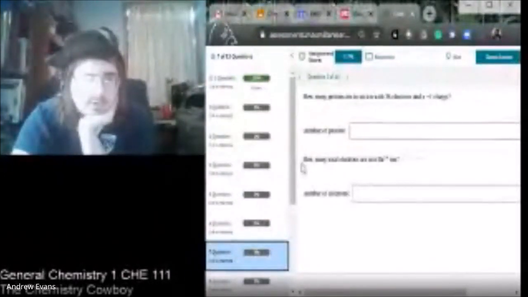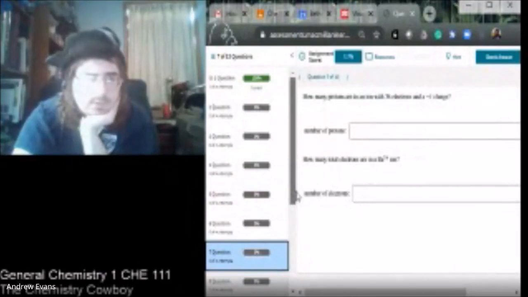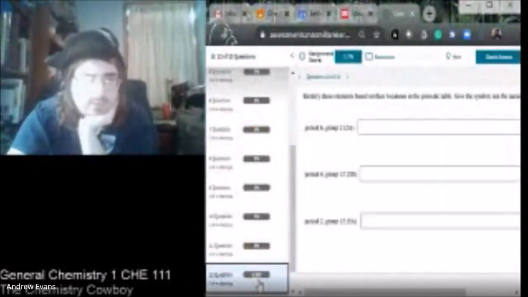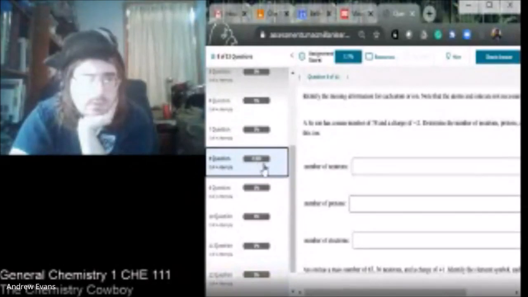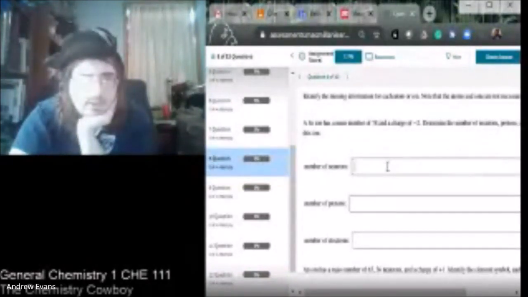So how many protons, negative charge. Okay, so this one, they give you the mass number. Some of these are just like ones, and some of them are giving you a different order.